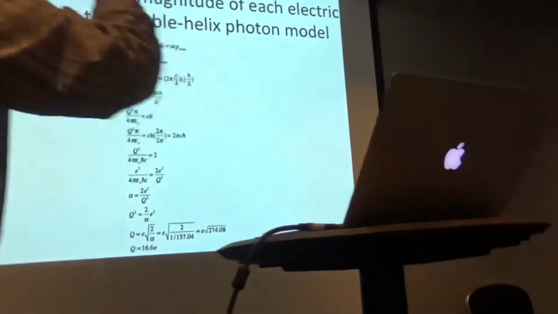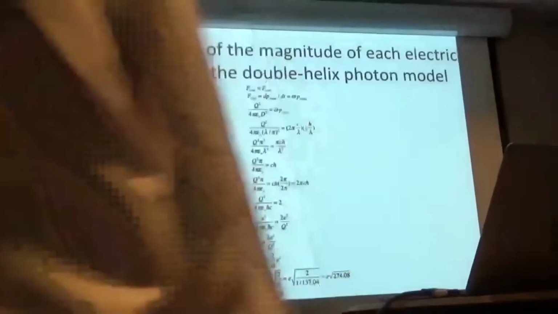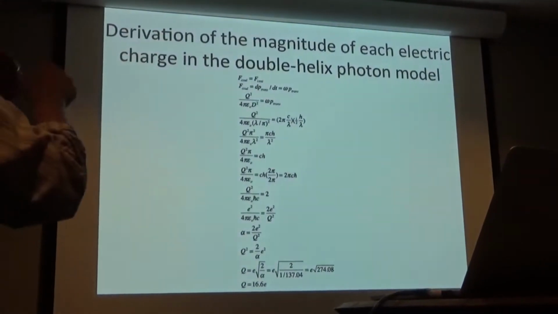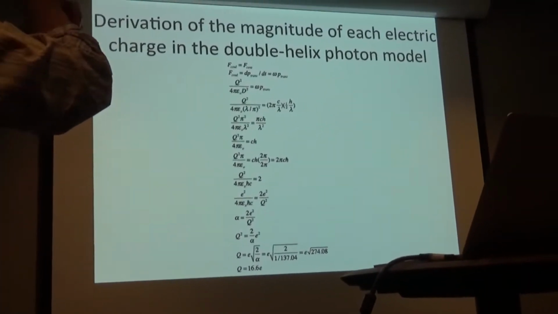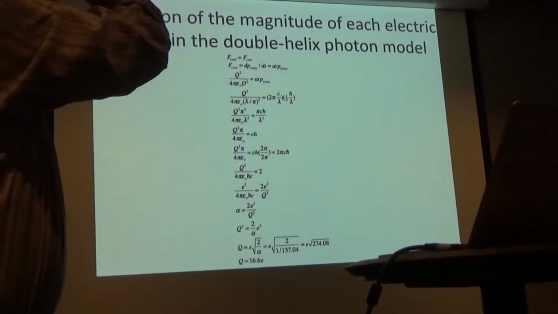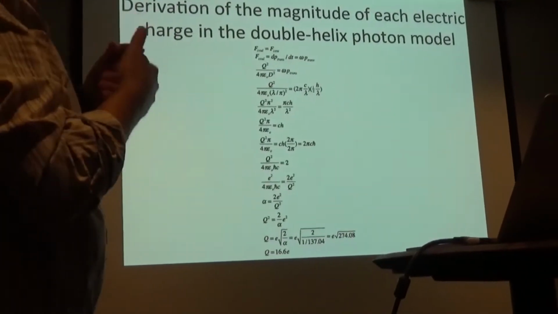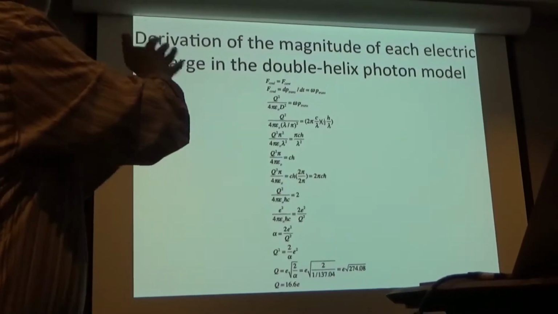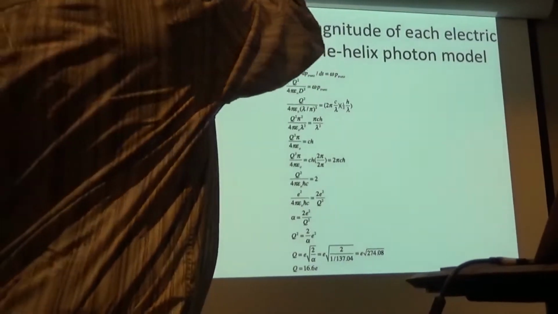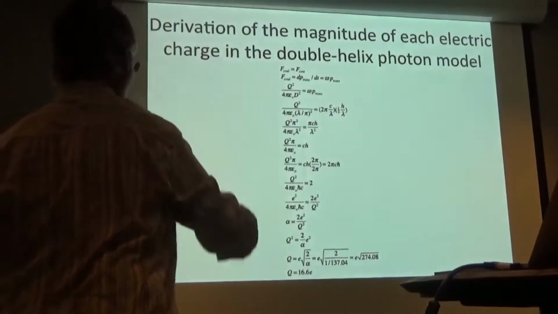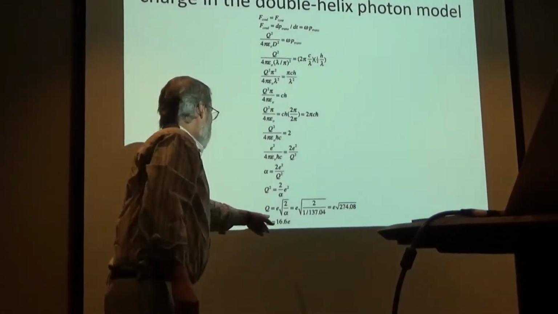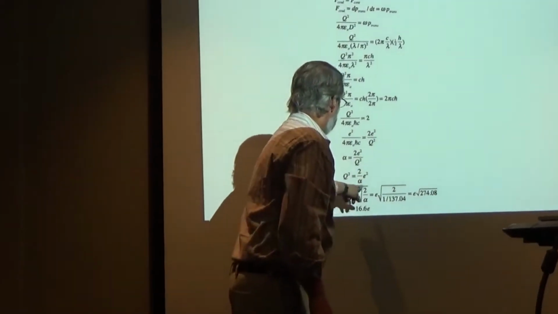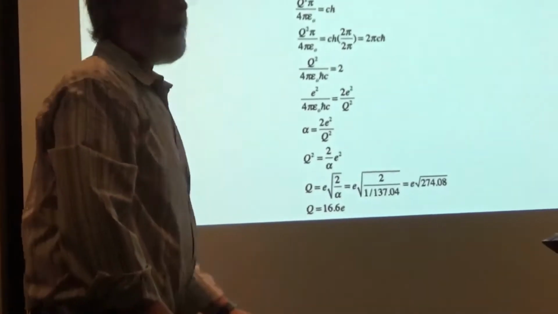How to get the magnitude of each electric charge? You just set the Coulomb centripetal force between the two particles equal to the centripetal force, which is the rate of change of momentum, force equals rate of change of momentum, and just going through that calculation, it comes out, just saying it pretty straightforwardly, as the electric charge e times square root of 2 over alpha, where alpha is the fine structure constant.